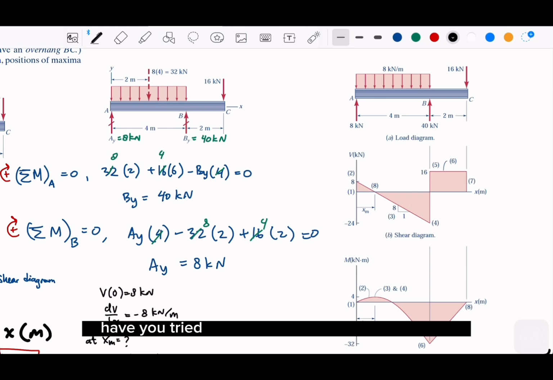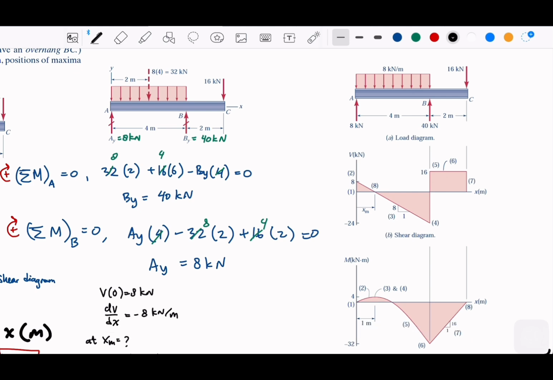Have you tried the exercise for chapter 4? Not yet? Okay. I think we can have an exercise, but let me check the question first.